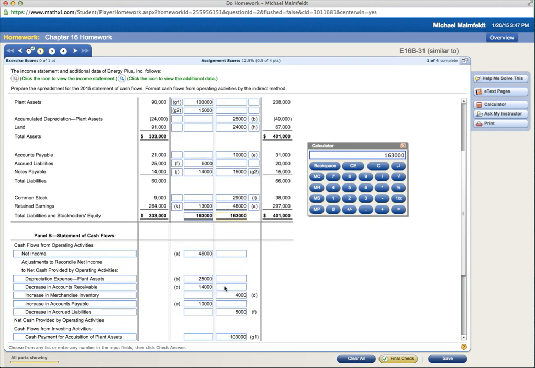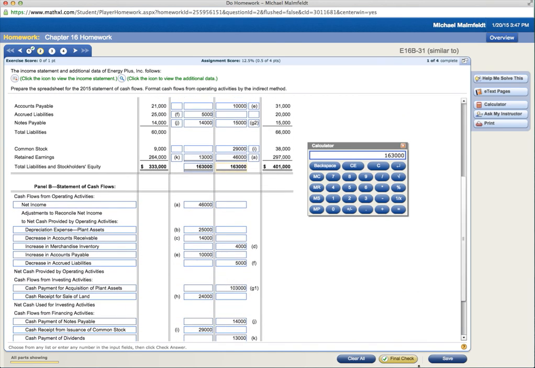So let me just click on this final check and see what it would change for us. Apparently I'm going to blow up my accounting lab here. But like I said, it's somewhat glitchy software. You got to take the good with the bad.